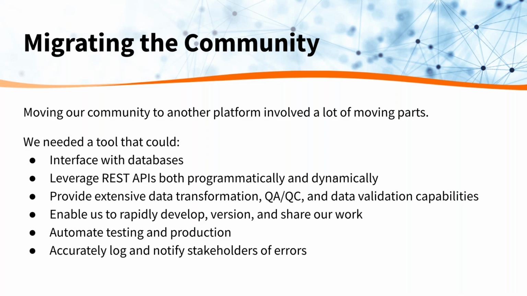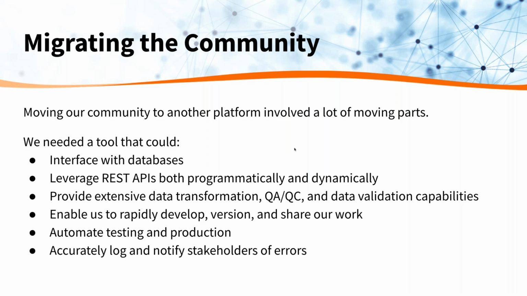This tool needed to provide extensive data transformation, including things like quality control and data validation. It needed to enable us to rapidly develop and version, and also share our work between our teams so we could collaborate and solve problems together and find the most efficient workflows to solve the problems that we came across.